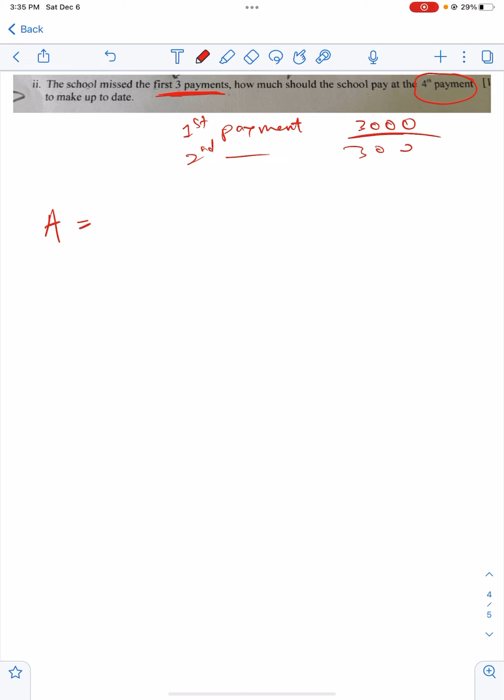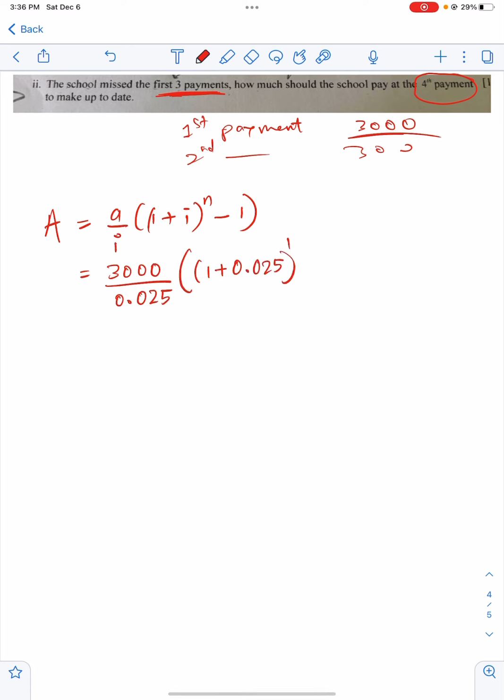So your amount is equal to A over I, bracket 1 plus I raised to n minus 1. You already have A, small a, which is installment, then I, which is 0.025, then 1 plus 0.025 raised to n.